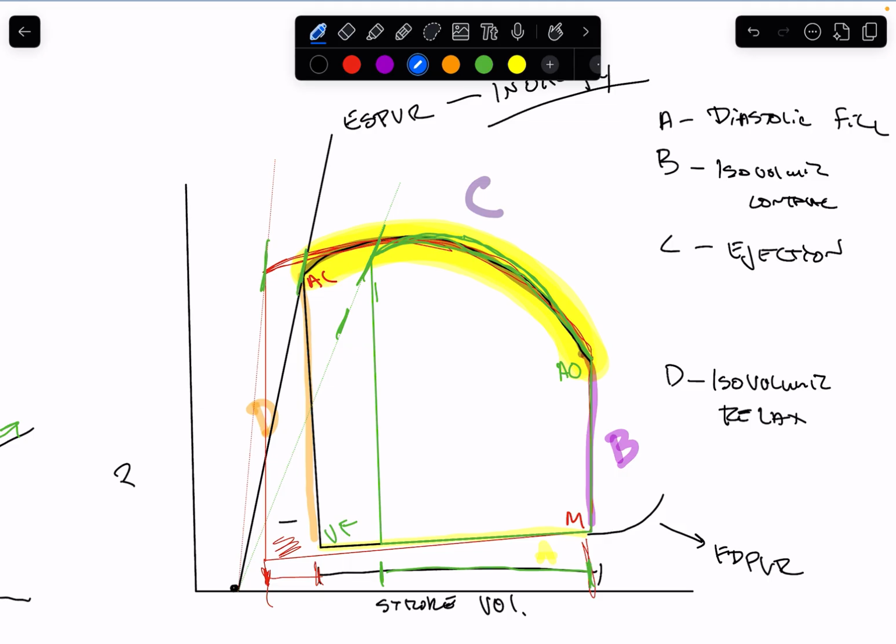So if we have an increase in afterload, so if the amount of pressure required to eject the blood from the heart increases, we're going to see something like this. So we have an increased afterload.